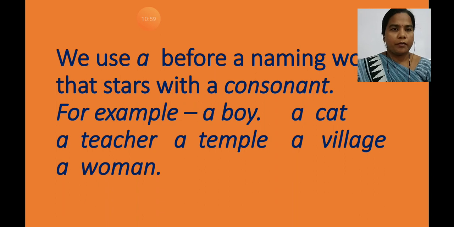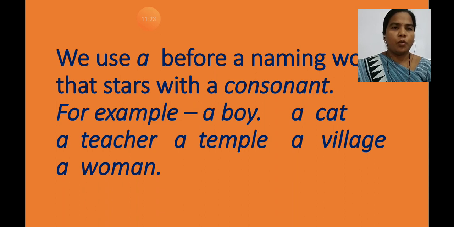A boy, a cat, a teacher, a temple, a village, a woman. So children, see here the word boy has started with B and B is a consonant sound. For that reason we have to use a. A boy.